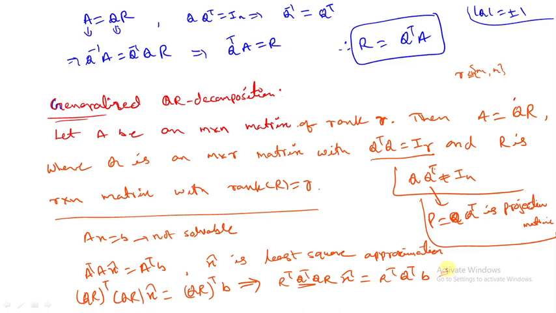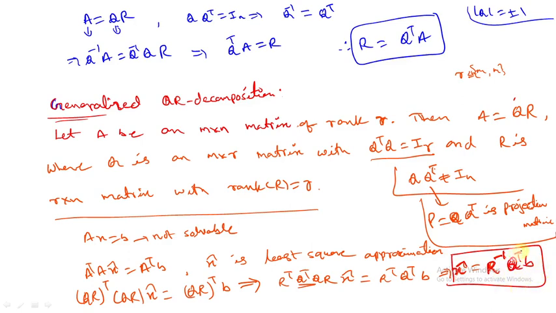That means we get x hat equal to R inverse Q transpose B. R is an upper triangular matrix with non-zero diagonal elements, that means the inverse exists. So x hat is R inverse Q transpose B. By using this also we can find the least square approximation solution.